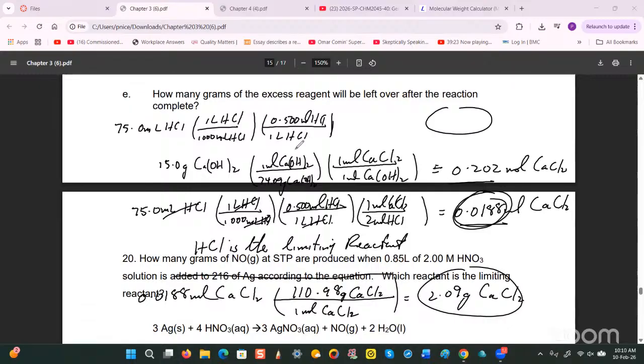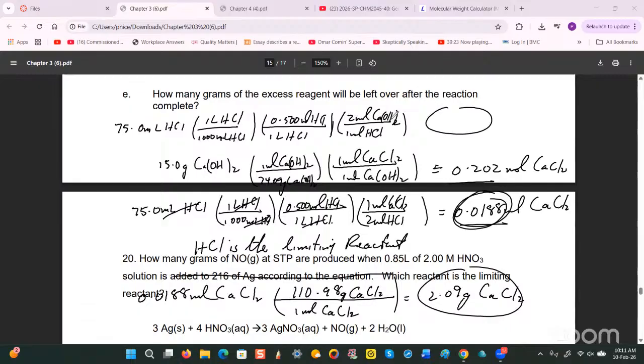And then we look at the mole ratio between the HCl and the calcium hydroxide, which is a 2-to-1 mole ratio. So you're going to have 2 moles of calcium hydroxide here, 1 mole of HCl above, below.